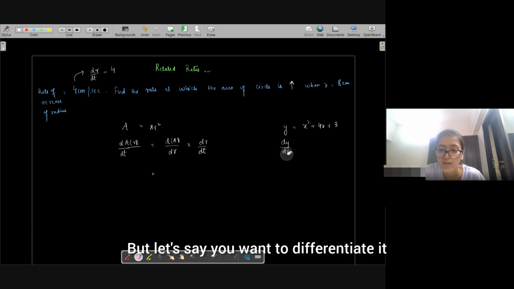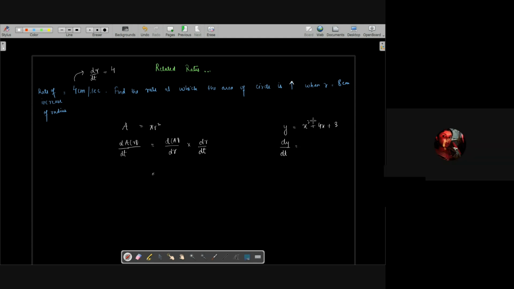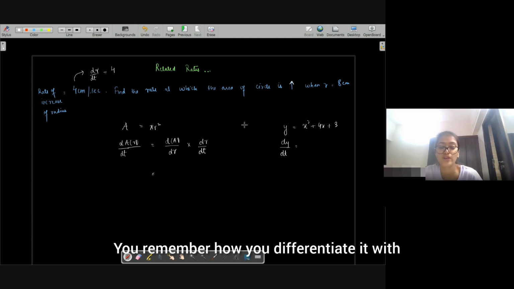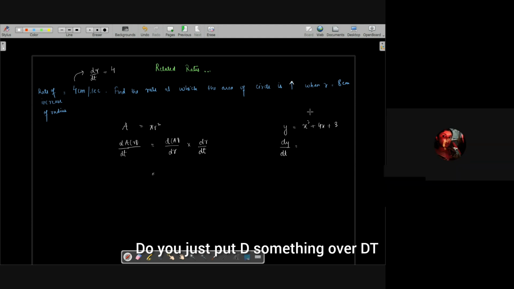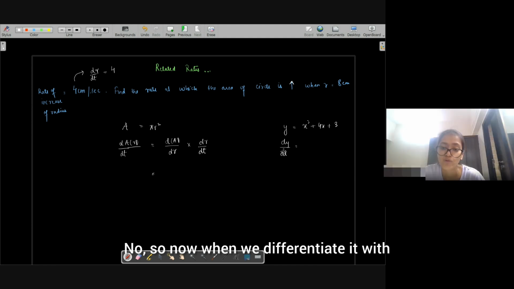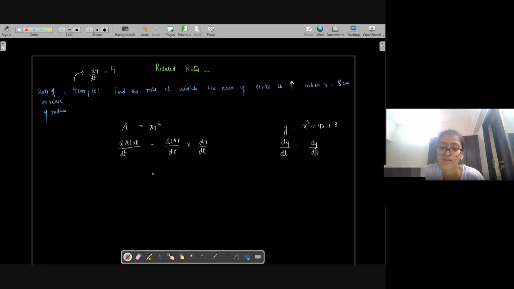But let's say you want to differentiate it with respect to some other variable, let's say t. Do you just put d something over dt? No. When we differentiate with respect to another variable, first you differentiate with respect to x, dy over dx, times dx over dt.